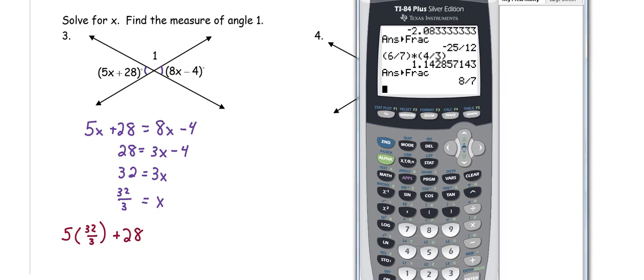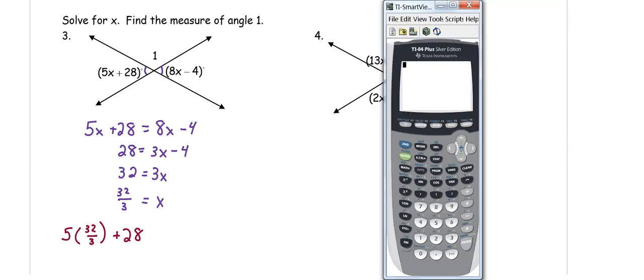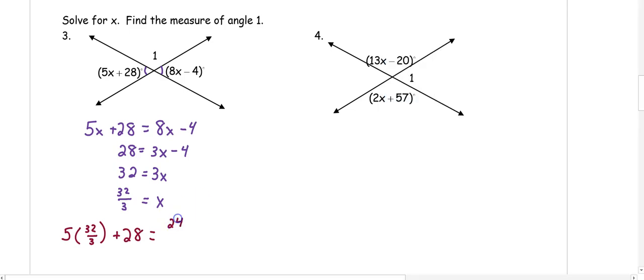I'm going to put that all into my calculator. I get 5 times parenthesis 32 divided by 3 plus 28, which is 81.33. We're going to leave it as a fraction though, so I'm going to do math, enter, enter. 244 over 3 degrees. So that means each of these angles is 244 over 3 degrees.